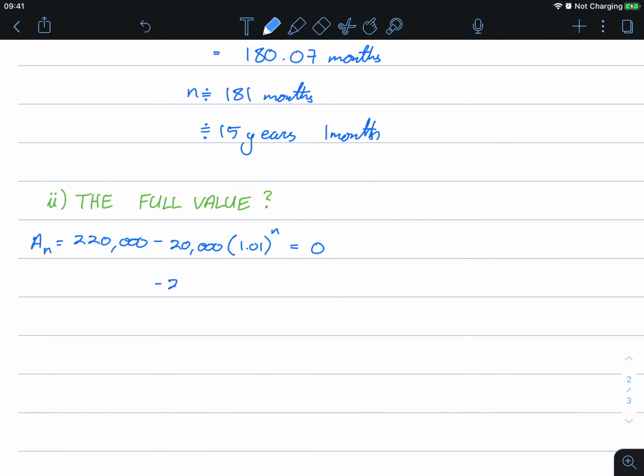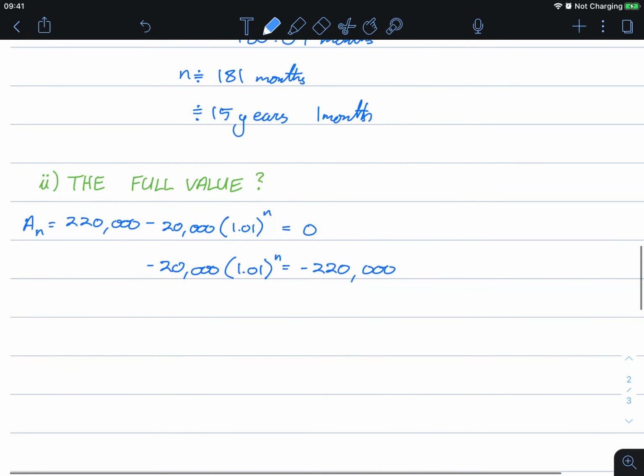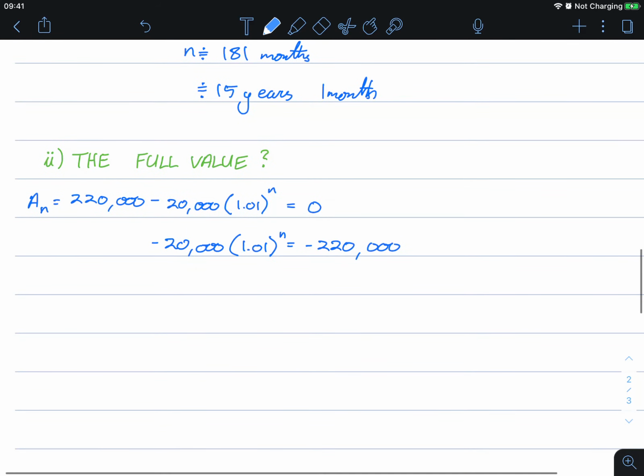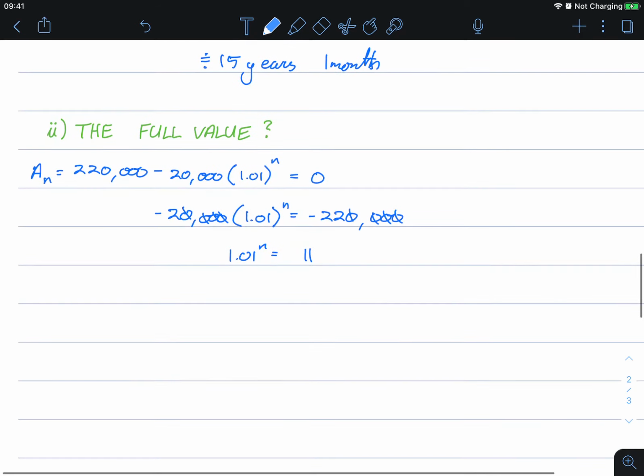Solving for n, moving this to the other side, negative 220,000, dividing both sides by negative 20,000. That's 22 over 2, which is 11. They're both negative. And solving this by change of base, ln of 11 over ln of 1.01.